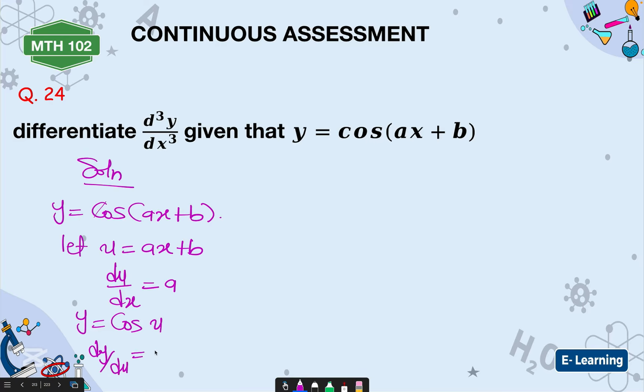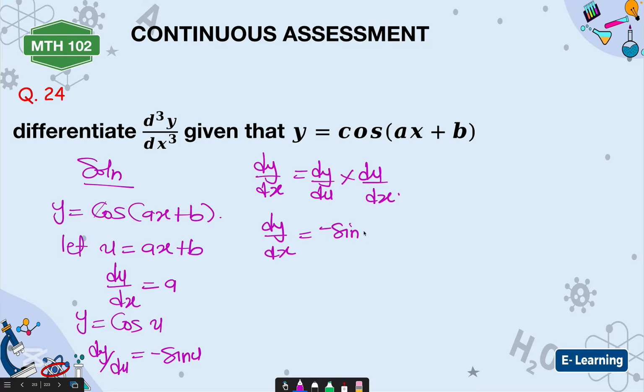So that your dy/du will be what? When you differentiate cos u, it will give us minus sine u. Now plug that in to find dy/dx. It's usually dy/du times du/dx. So dy/du will be minus sine u, du/dx is a.